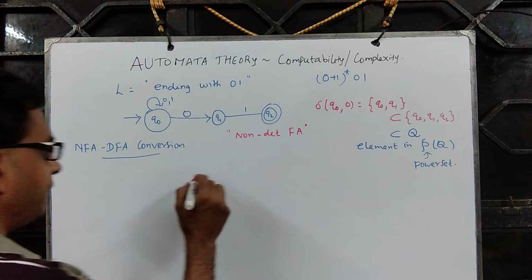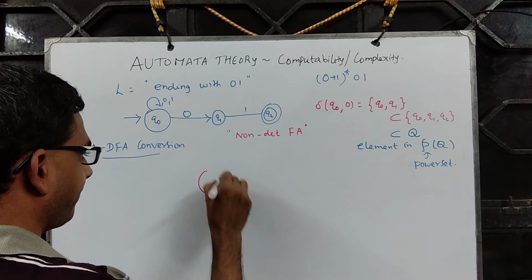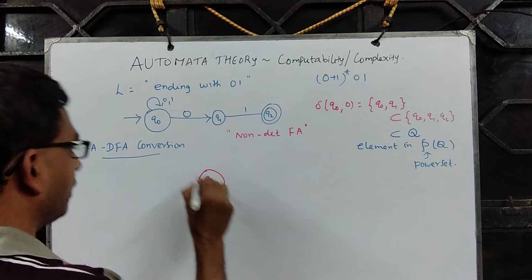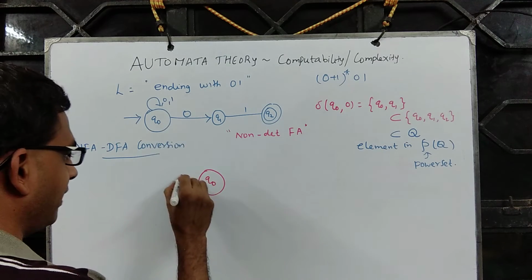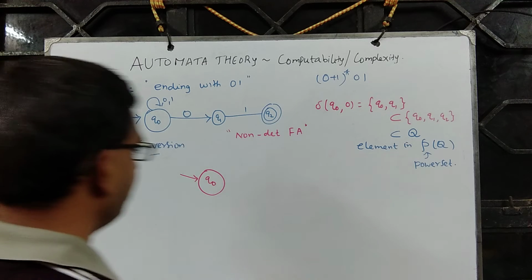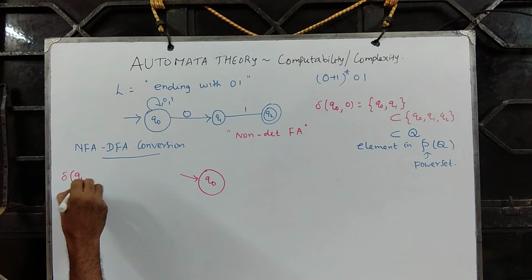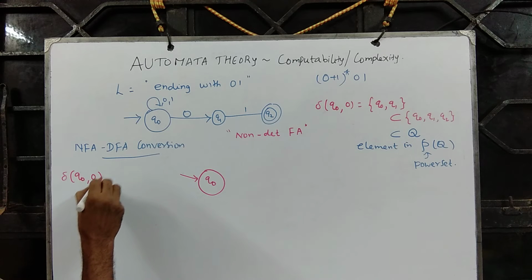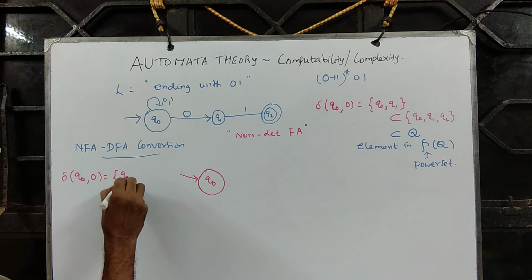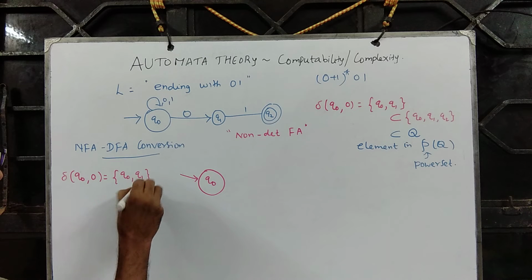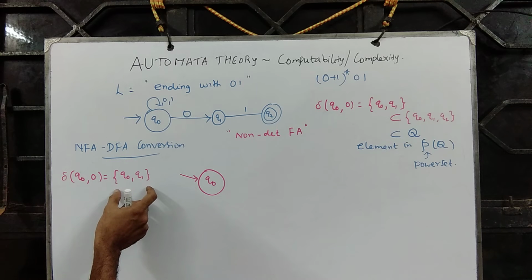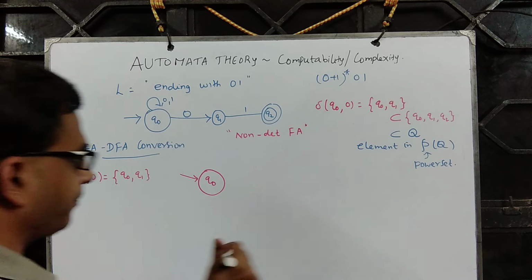So we start with q0, the start state of NFA and DFA are one and the same. Then we look at delta of q0, 0, which is {q0, q1}. So we generate a subset.